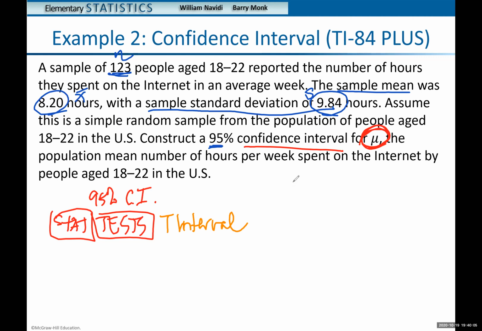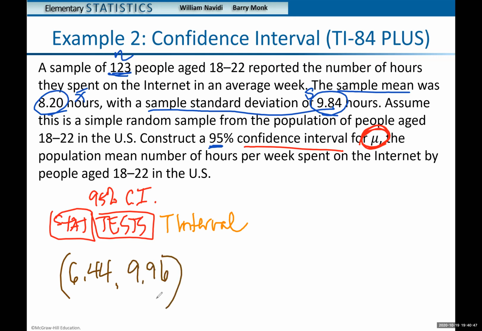And the answer? What is your answer? And 9.96.